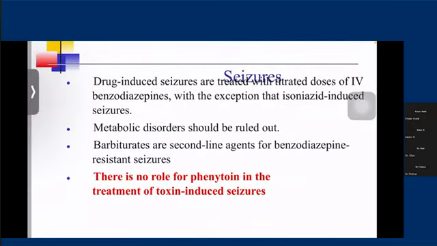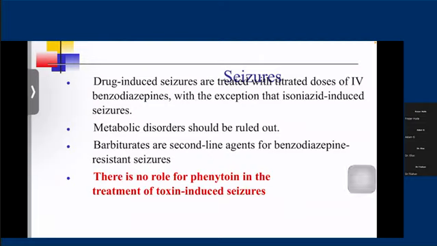Seizures can also happen in a patient who presents with poisoning. The management principle of seizure in a poisoning patient is giving benzodiazepines, which are first-line medications, but specifically for a patient presenting with INH poisoning, we can consider giving pyridoxine, which is a first-line medication.